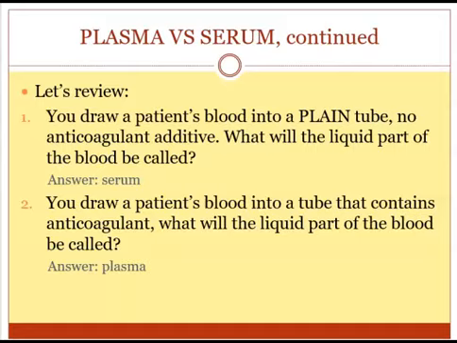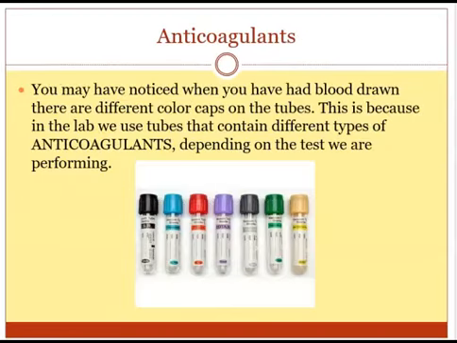When you've been to the doctor before or to the hospital, you may have noticed that when you've had blood drawn, there's different colors of caps on tubes. This is because in the lab we use different tubes that contain different types of anticoagulants depending on the tests that are being performed.